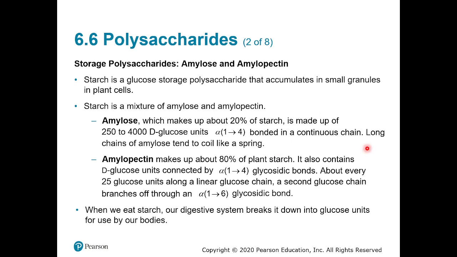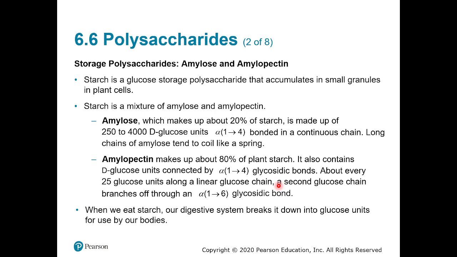Amylopectin, this is going to make up about 80% of plant starch. It's also going to contain D-glucose units. They're going to be connected this time by alpha-1,4 glycosidic bonds. But every 25 glucose units, as you're going along that linear chain that we talked about before, you're going to get a second chain that will branch off.